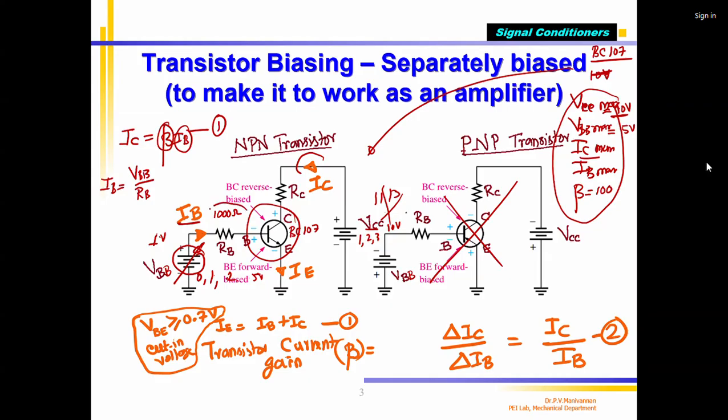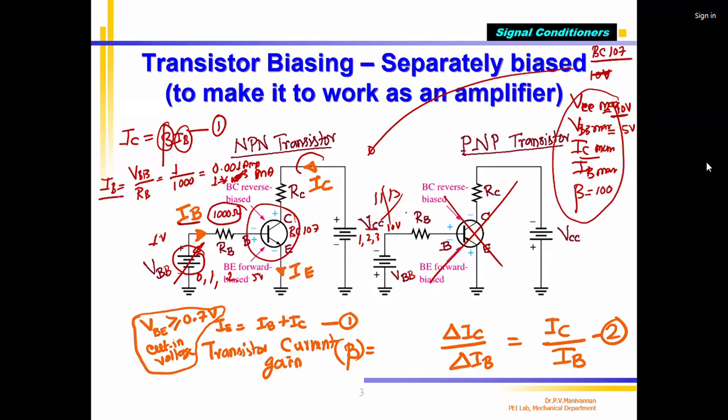RB is already selected as 1000 ohms. I will tell you how to select RB. VB is 1 volt, so 1 divided by 1000 equals 0.001 amps, or 1 times 10 power minus 3, which is nothing but 1 milliamp.